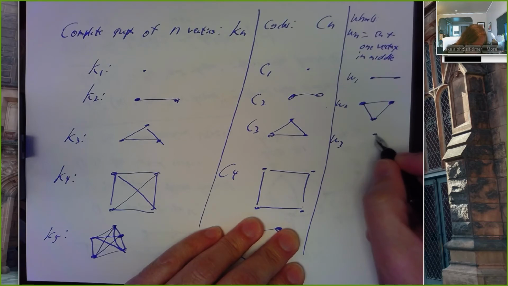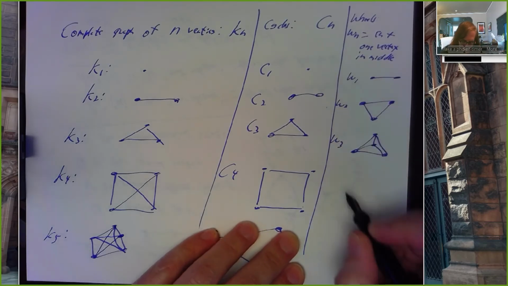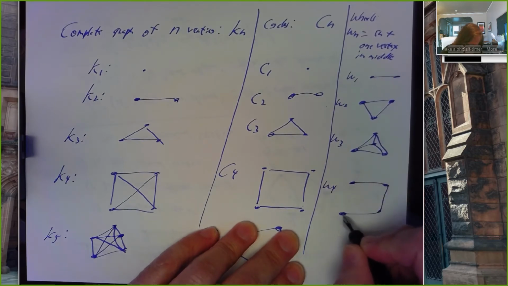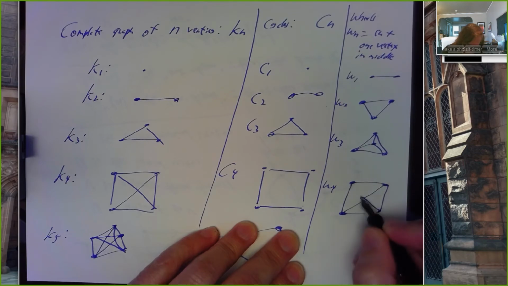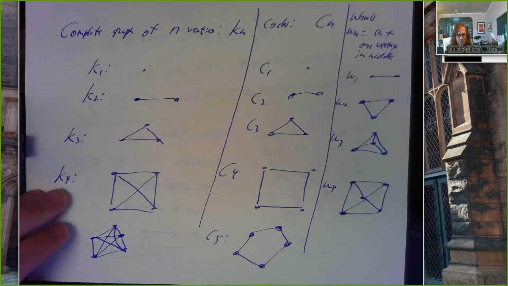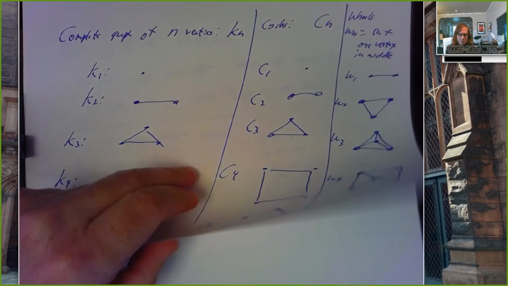Wheel 3 would look like that. Wheel 4 would be like that, and so on. All right, so those are some examples that we'll refer back to sometimes.